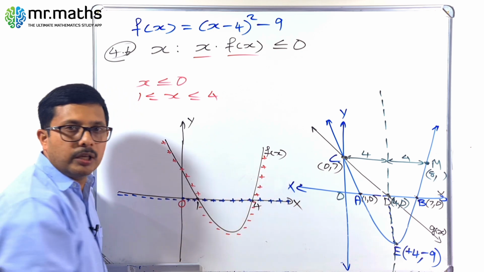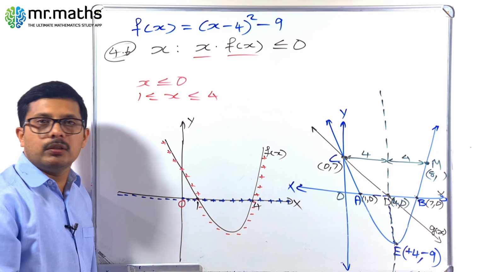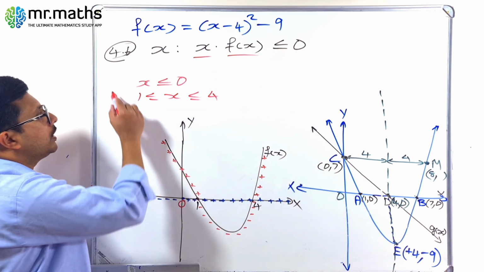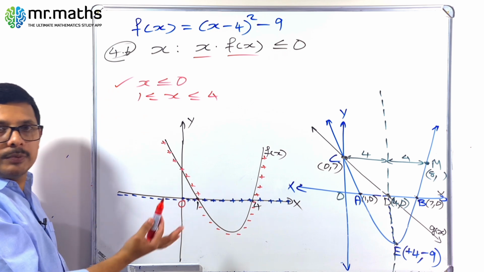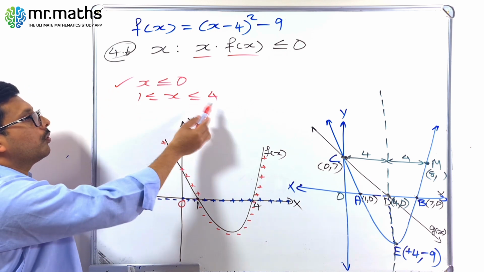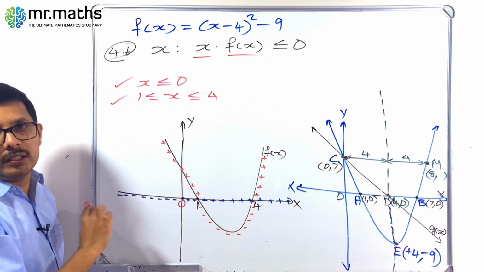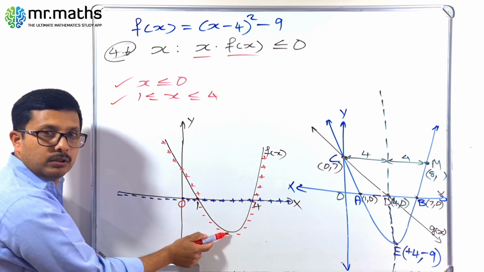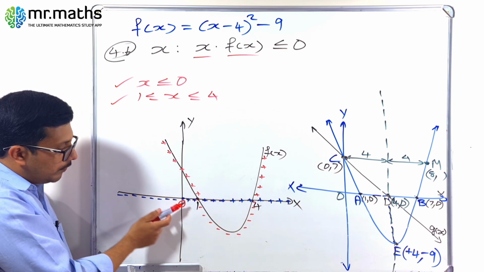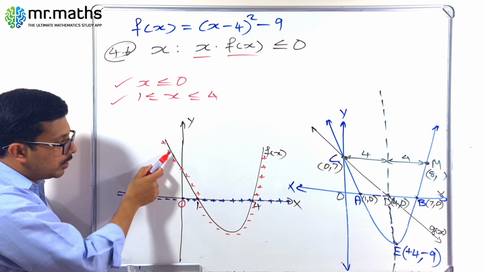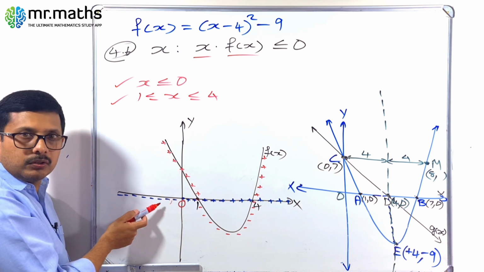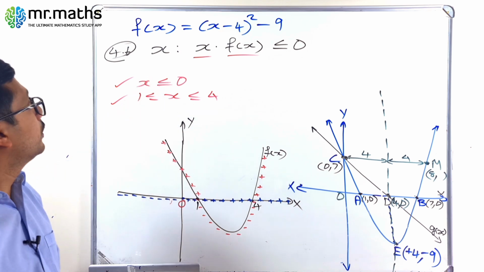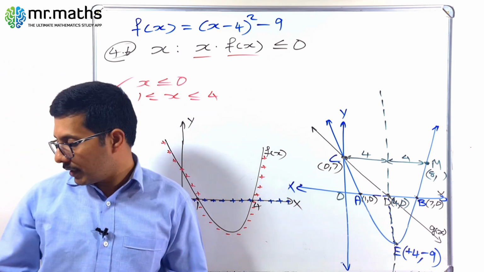Positive times positive is positive. We want a negative answer. So only two possibilities: either x must be less than or equal to 0, or x must be between 1 and 4. Between 1 and 4, positive into negative, negative. When x is less than 0, positive into negative, negative. So that is the answer. These two are the answers. That is question number 4.6.